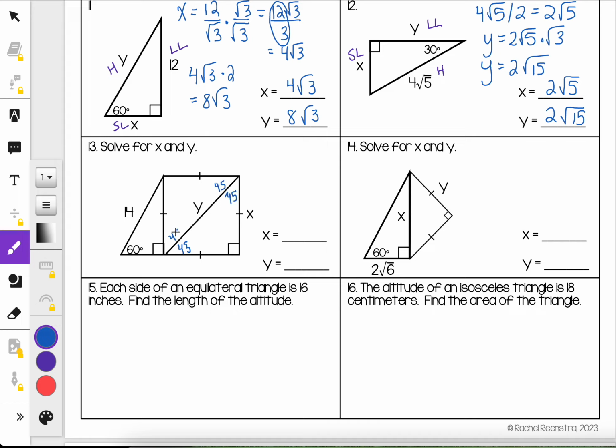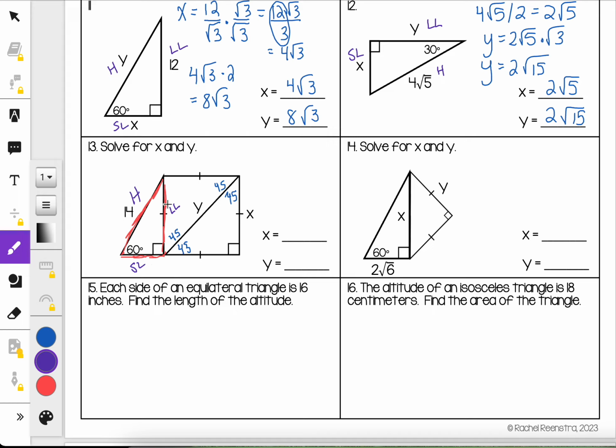So we're going to use both of those ratios here. Okay, so I want to find x and y. Now, the only side I'm given is this 14 here, and this 14 here is a 30, 60, 90 triangle. So I'm going to label, I have my hypotenuse, I have my short leg, and I have my long leg.